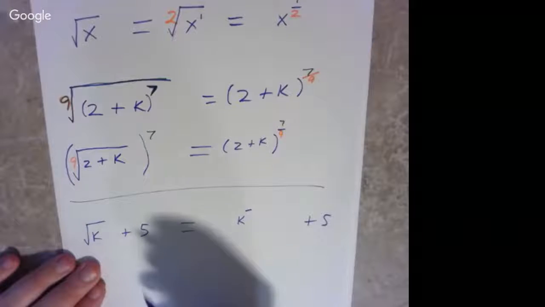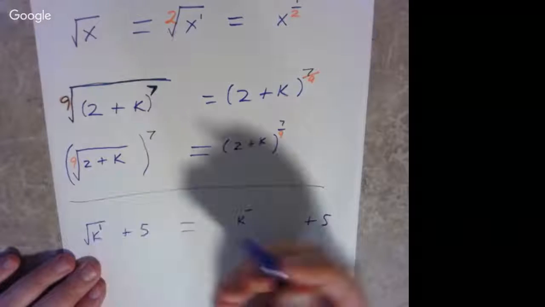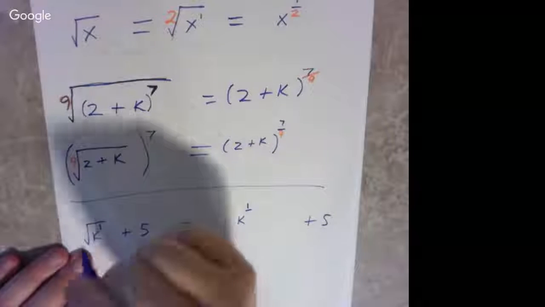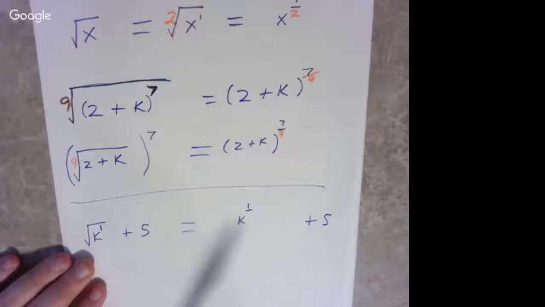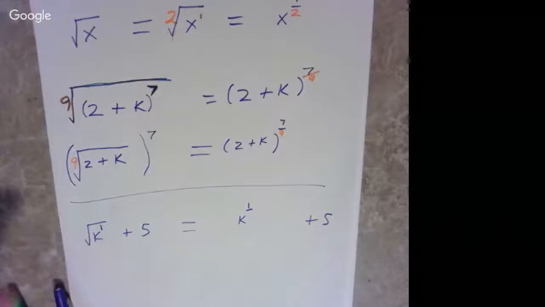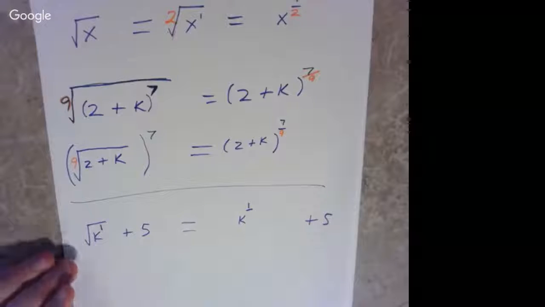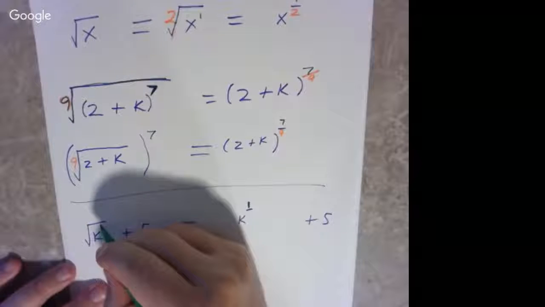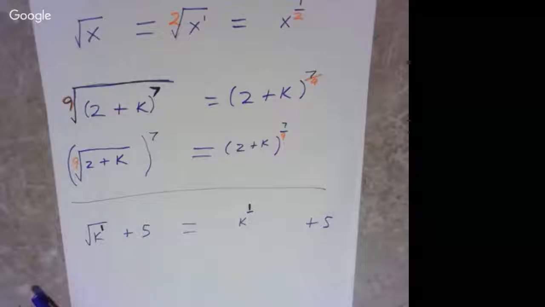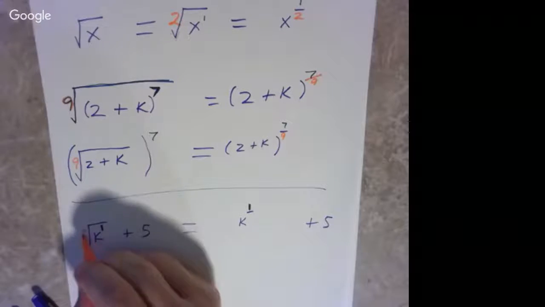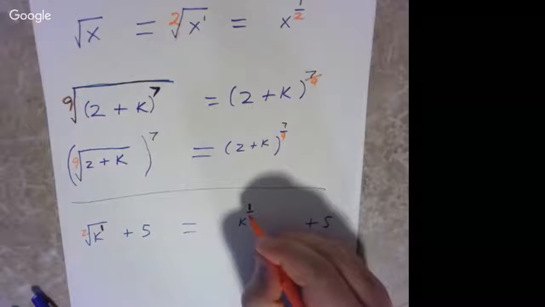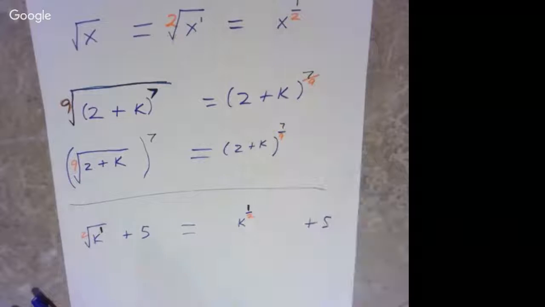If there's nothing there, then we understand it to be 1. And what about the radical? If it does not specify the radical, then by default it's 2, correct? Remember that? So by default it's a square root if they don't have a number there, which means the denominator over here would be 2.